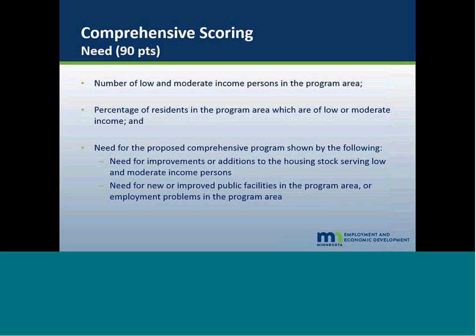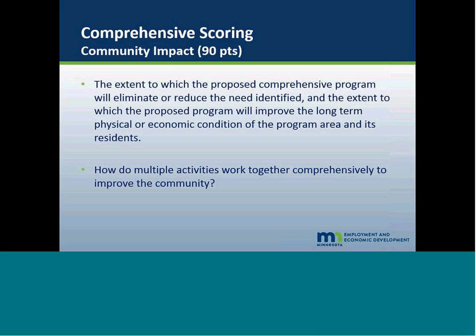We need to propose a comprehensive program to improve improvements or additions to the housing stock to serve moderate income persons. The need to improve public facilities. So this is all geared towards low moderate income. This is 90 points.